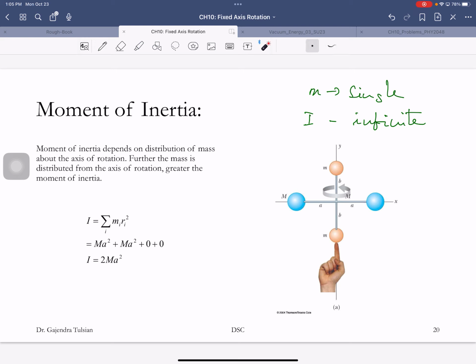So here's a simple example. For this object, if you calculate the moment of inertia about this axis, these masses are right on the axis, so they don't contribute anything to the moment of inertia, but these ones do, and the moment of inertia is that.